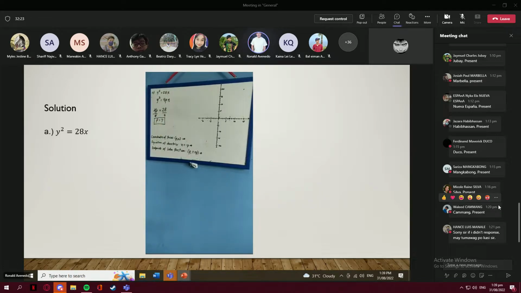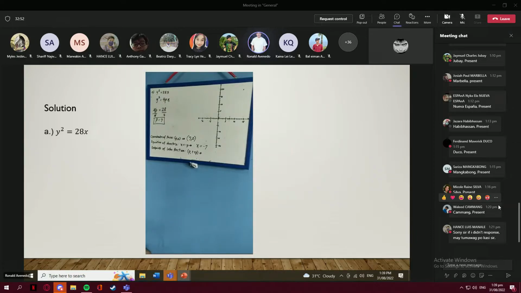So from here, we can say that the coordinates of focus, P, 0 as guide, is now 7, 0. Equation of directrix, our guide, is x is equal to negative p. Then this is x is equal to negative 7.